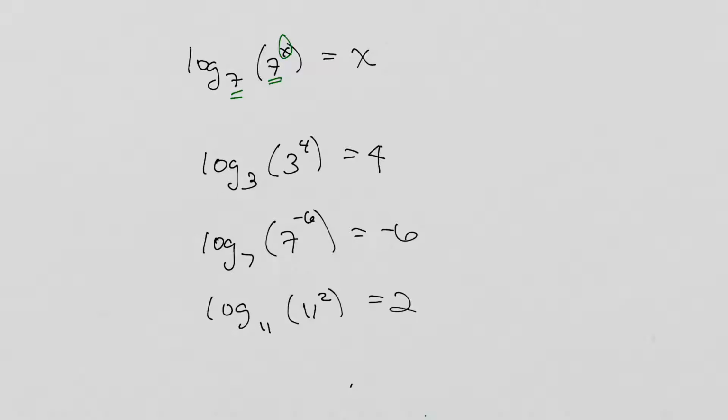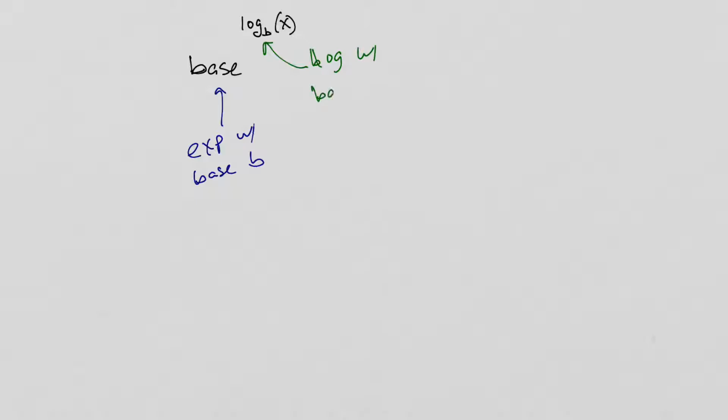All right, and on the flip side, for exponentials, if I had a base for my exponent, and up in the exponent spot I had a logarithm with the same base, right? So again, we have an exponent with base b, and we have a log with base b up in the exponent spot.